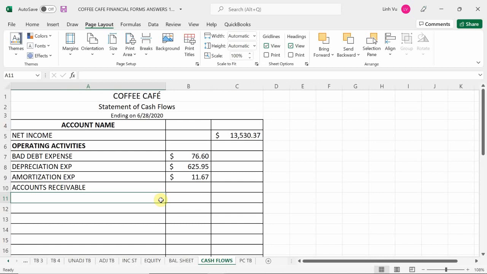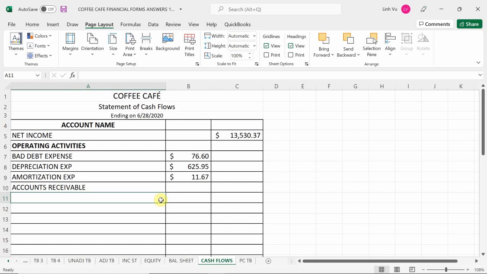If customers owe us money, do we actually have the money or do we not have the money? We don't. We don't have the money, and that money is included in this net income right here.